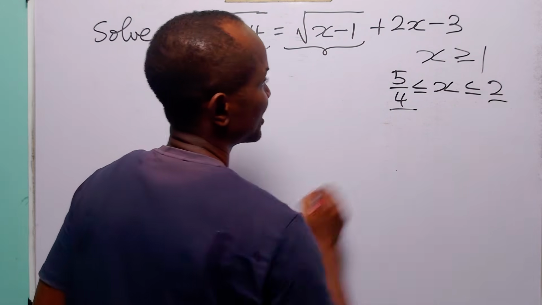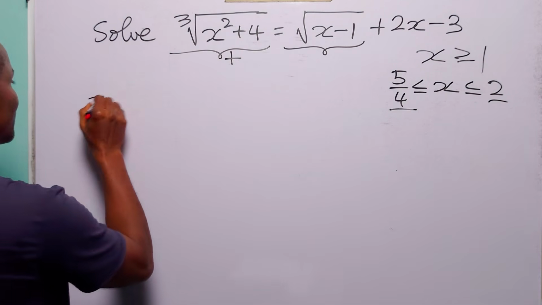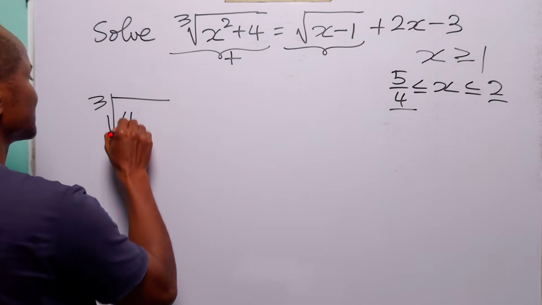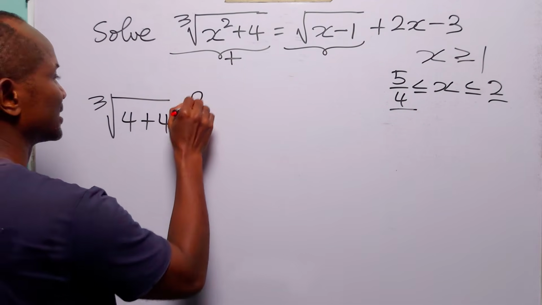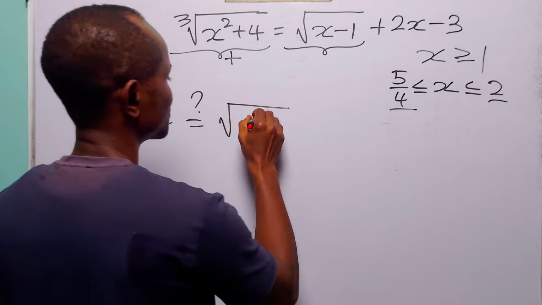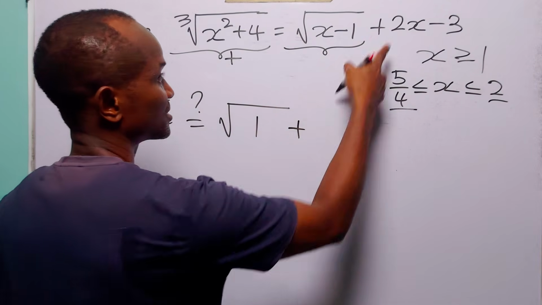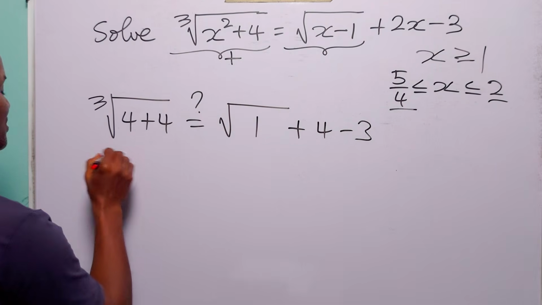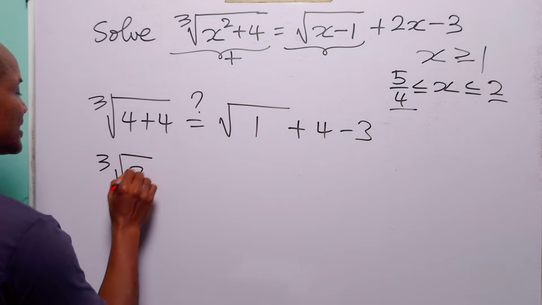And when x is equal to 2, we have the cube root of 2 squared, that is 4, plus 4. Is this equal to the square root of 2 minus 1, that is 1, plus 2 times 2, that is 4, minus 3? 4 plus 4 is 8.